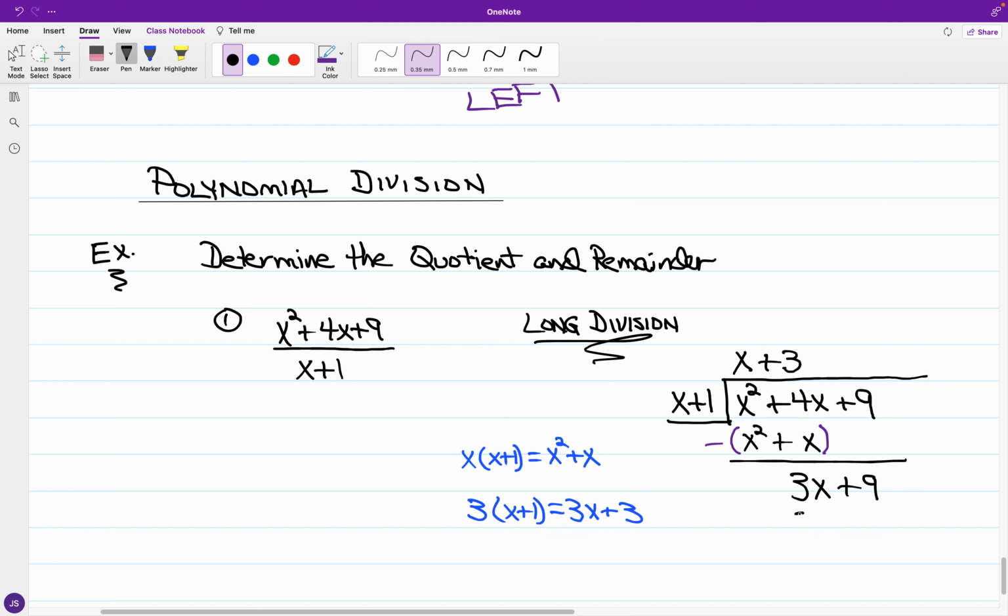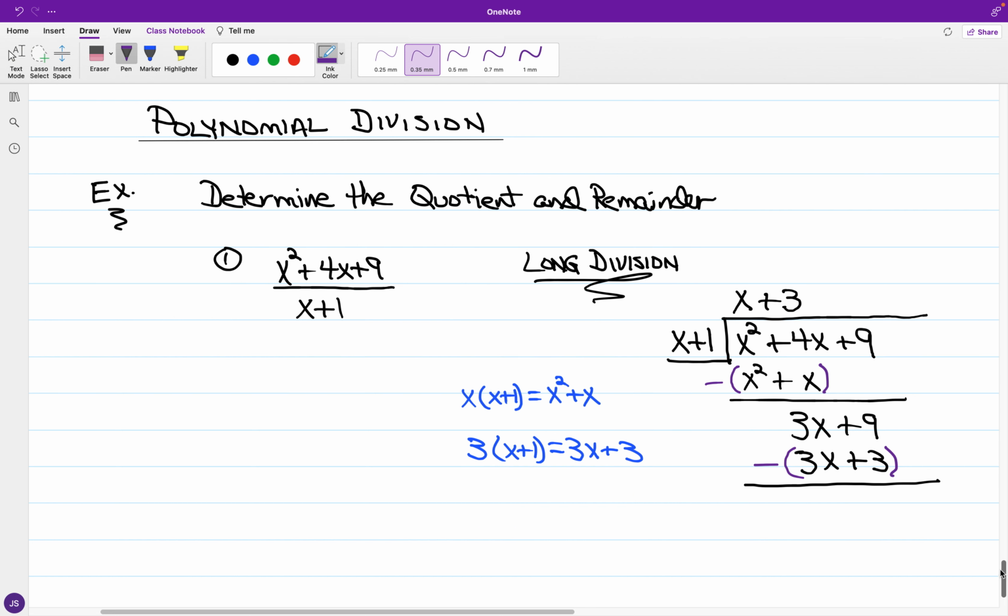So this will be 3x plus 3. And for subtracting, once again, 3x now goes out, and we have 9 minus 3.